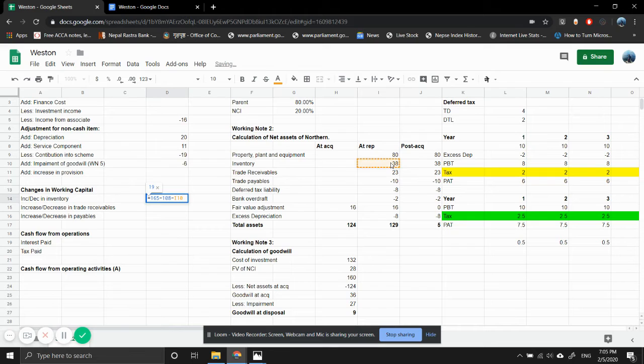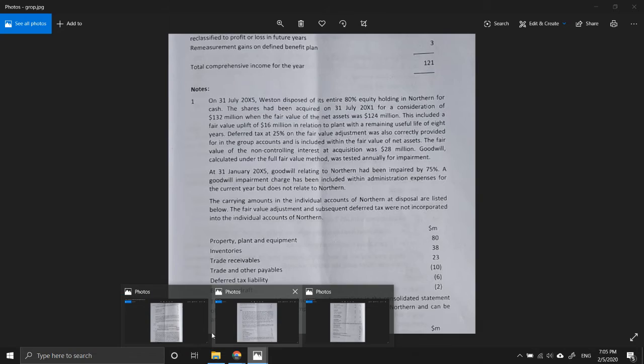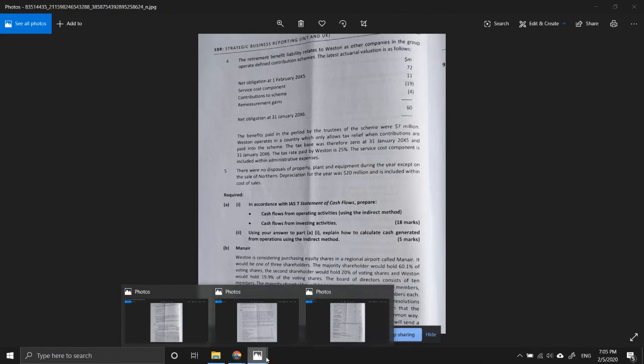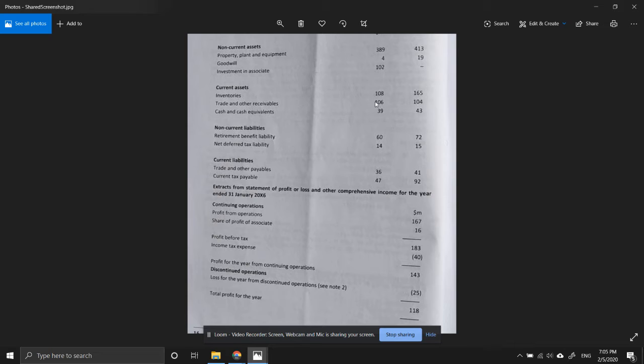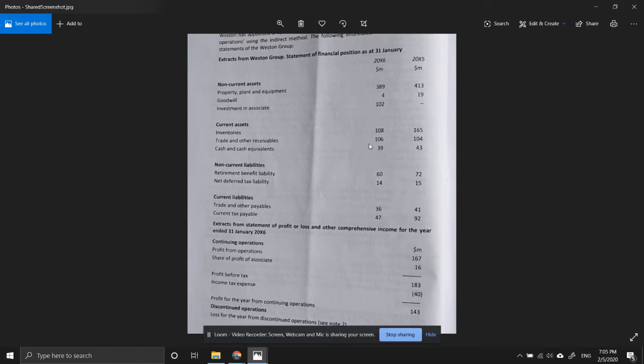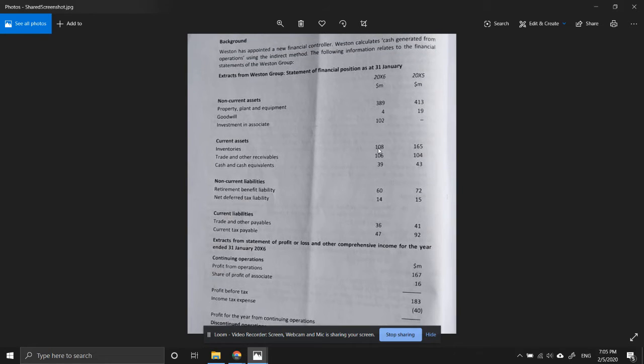Okay, so what has happened is that the inventory has decreased by how much? 108 plus this figure as well, okay? Because see this 108, this is the figure at the year end, right? It's at the year end 20x6, so that's 31st Jan, right?